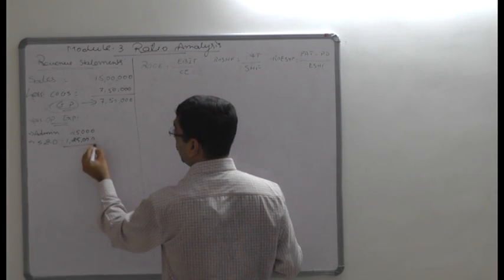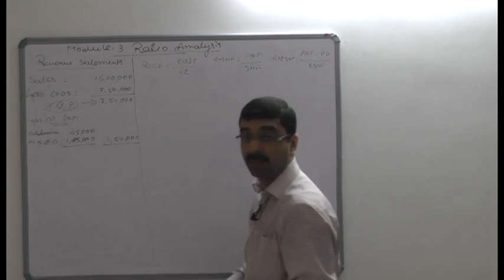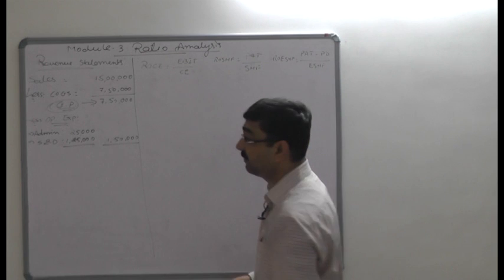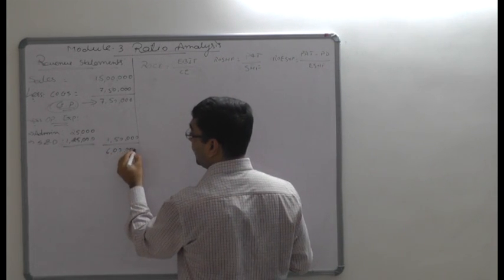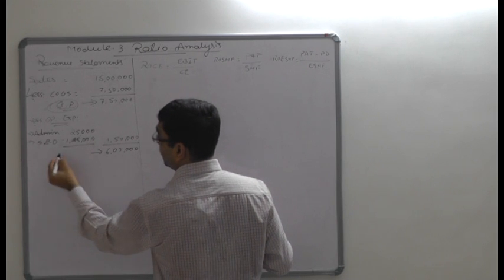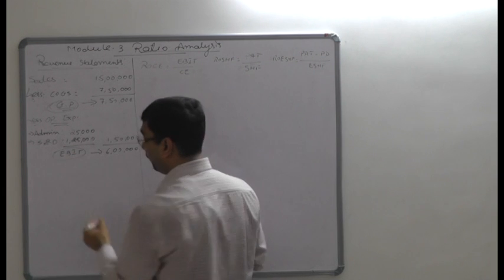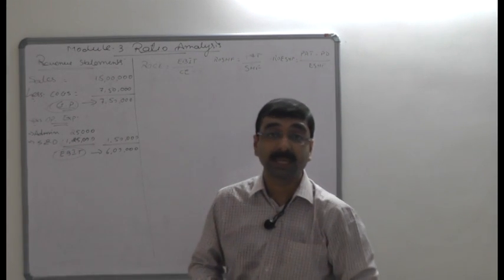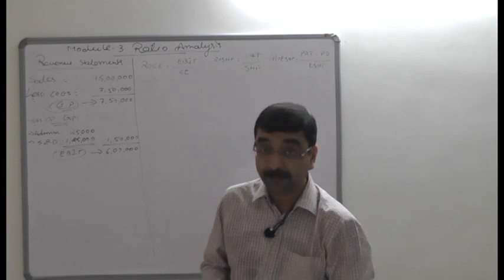So the total operating expense is 1,50,000 rupees. Deducted from the gross profit, your balance is 6 lakh rupees, and this balance is EBIT or operating profit, whichever you want to call it.